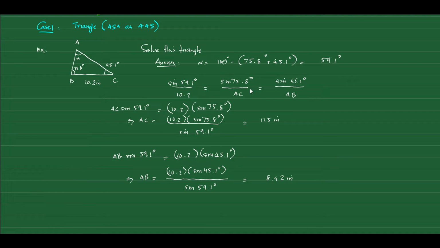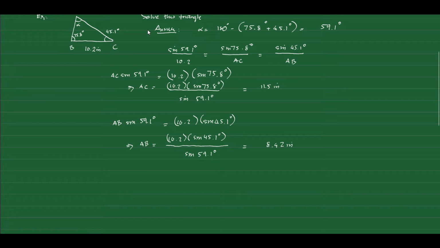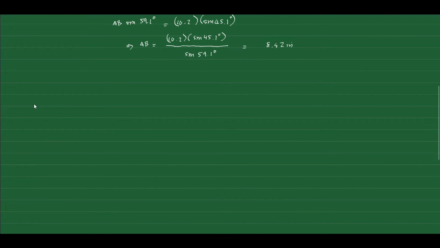Alright. Now the second example, I'm gonna give you the case where we have angle, angle, side. So second example. Angle, angle, side. Okay. So again, I'm gonna give you a random triangle, and this is 38 degrees.